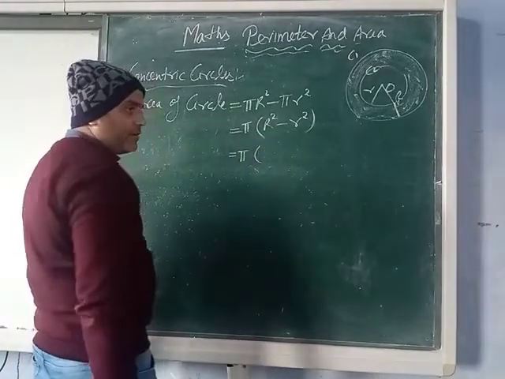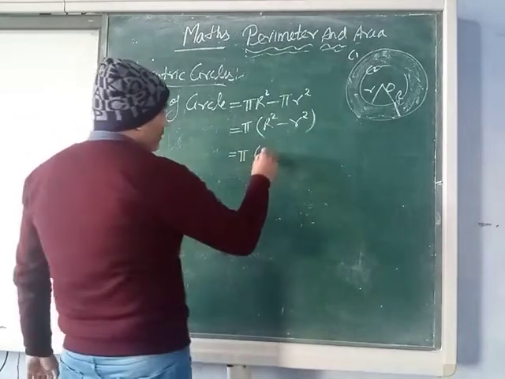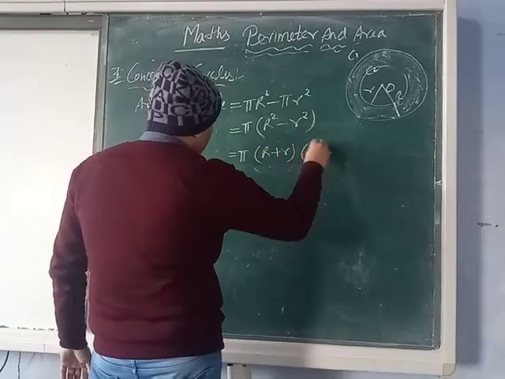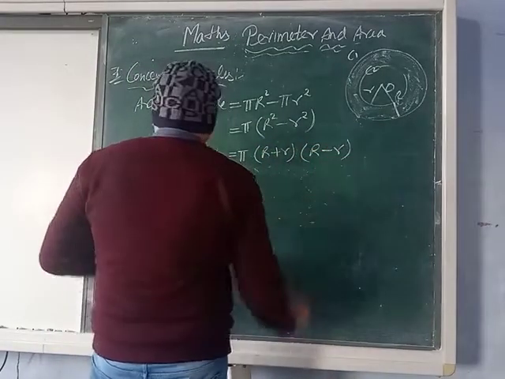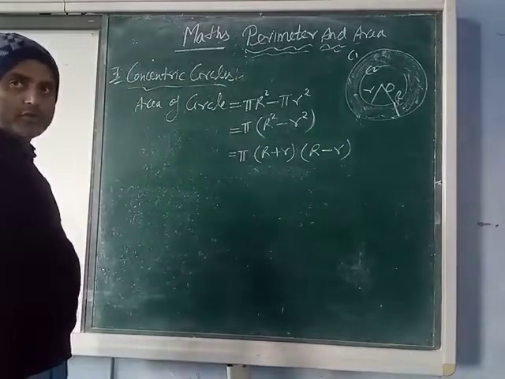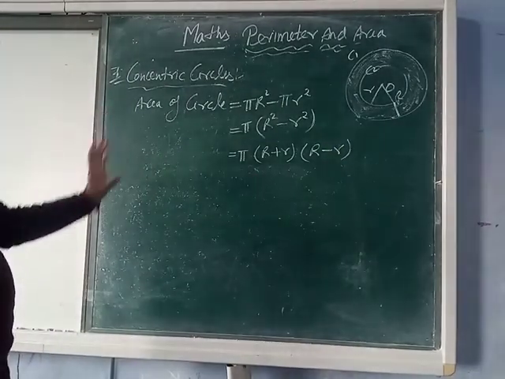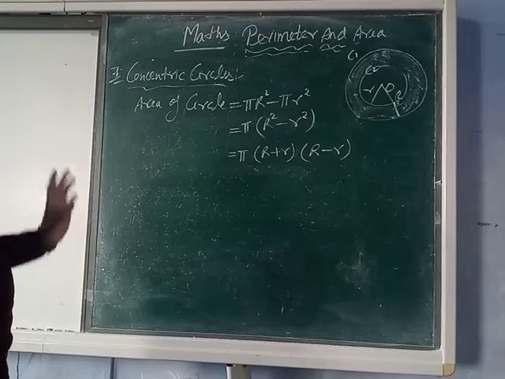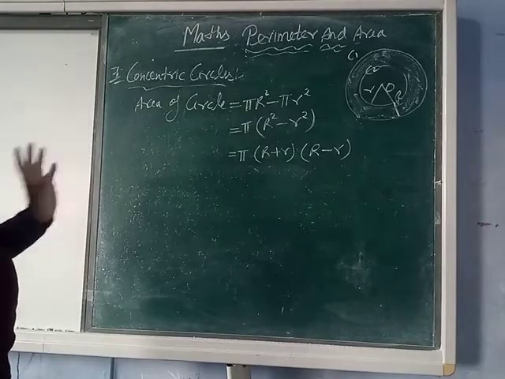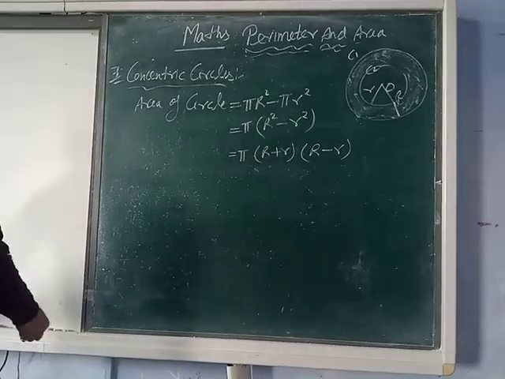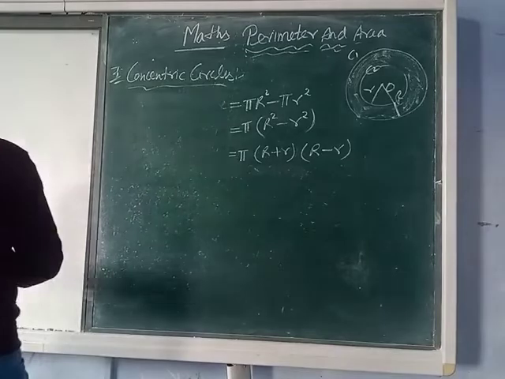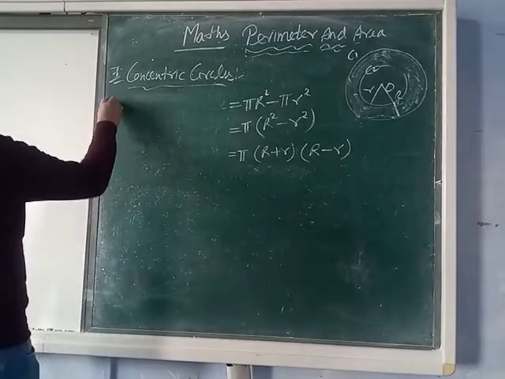This thing can be written as R plus r times R minus r. Okay? So you can write it as area of circular ring, or area of shaded portion.